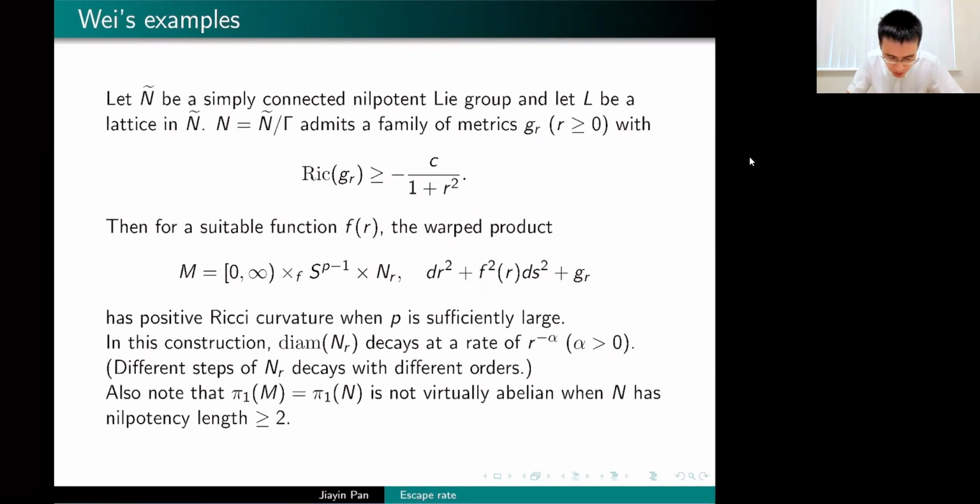Then for a suitable function f(r), the warping function on the sphere, this warped product indeed has positive Ricci curvature when p is sufficiently large. This is not a double warped product in the usual sense, because this metric g_r decays at different rates for different steps of the nilpotent group. We also mention that in this construction, all these steps decay at a polynomial rate, although the actual rates are different, like r to the negative alpha.